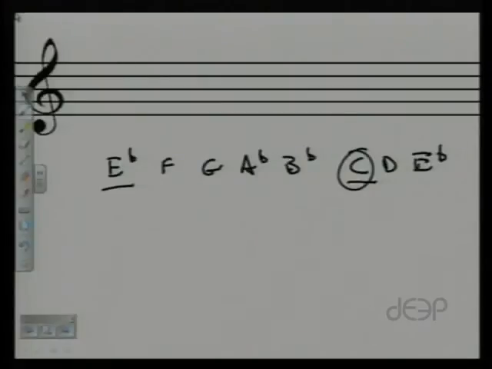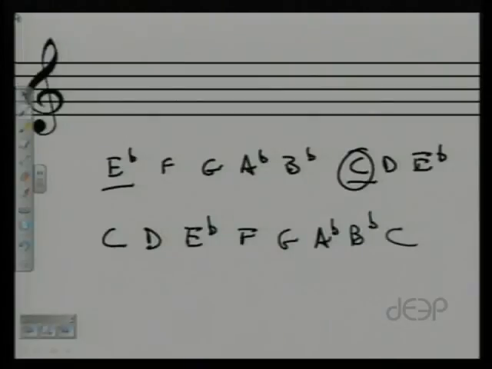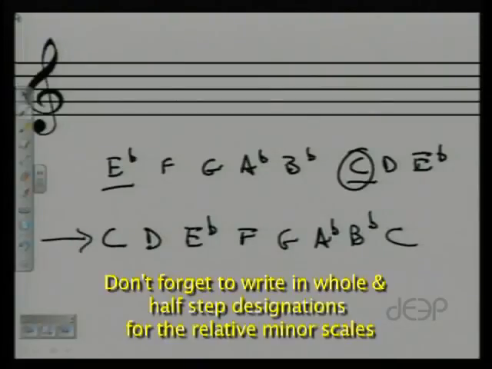So if you needed to write that relative minor to E flat, it would just be the same letter names starting on C. C, D, E flat, F, G, A flat, B flat, C. So this is the relative minor to the major scale E flat.